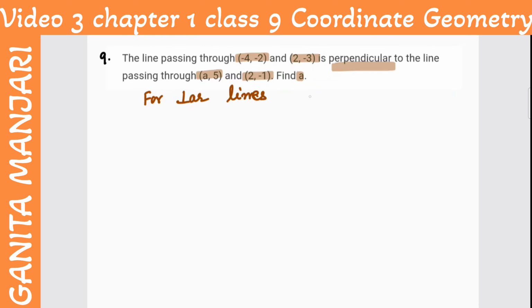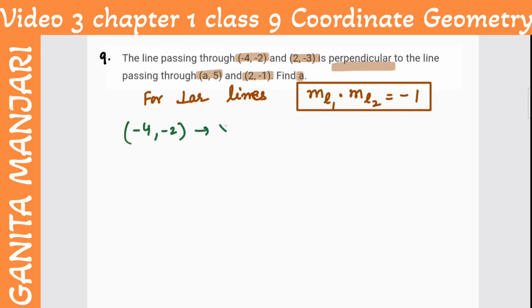So this is the condition for perpendicular lines. Now here we have the values minus 4, negative 2. Take it as x1, y1 for line L1. So we have 2, negative 3 as x2, y2.